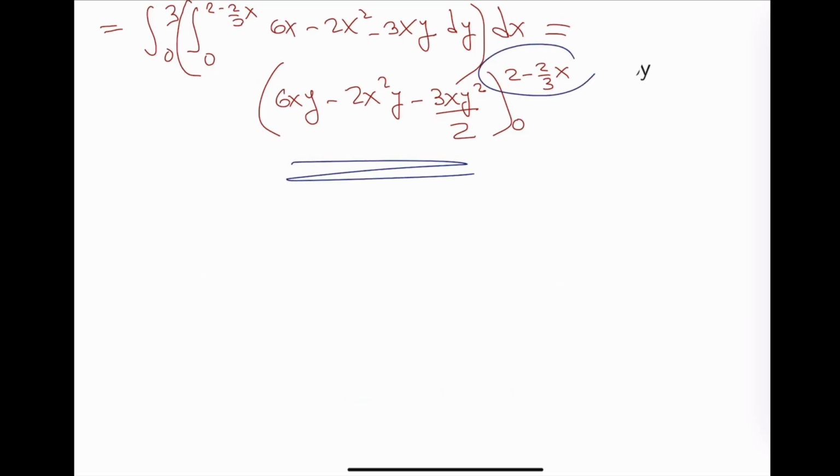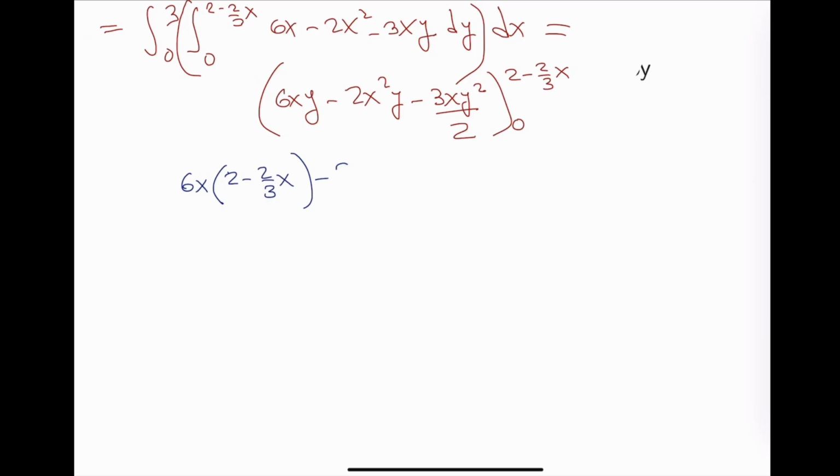Evaluating now this function at here, so we're going to get here 6x times all that, right? 2 minus 2/3 x, minus 2x squared times 2 minus 2/3 x, minus 3x times 2 minus 2/3 x squared over 2.